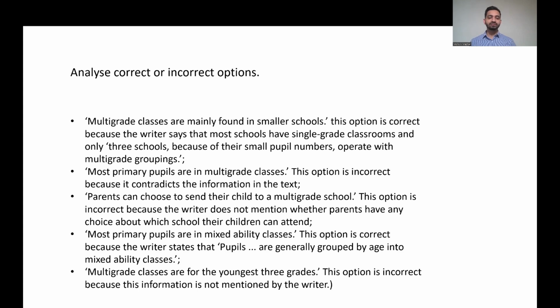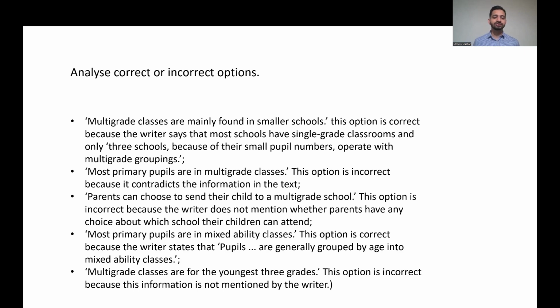This option is incorrect because it contradicts the information in the text. It contradicts because it says that 7 out of 10 schools, which are large schools, big schools, so most people will be in these schools, are actually in the single grade classes, right? So that has to be contradictory, and we eliminated that just by reading that.